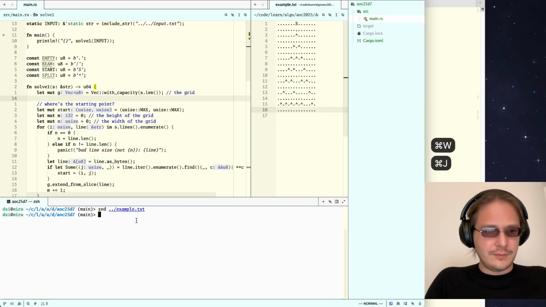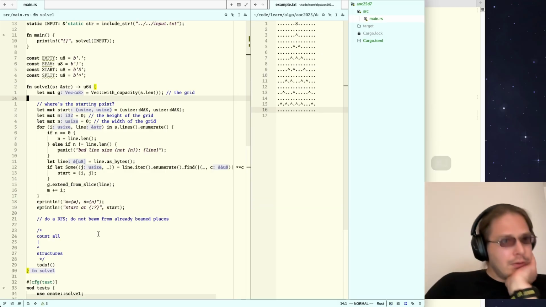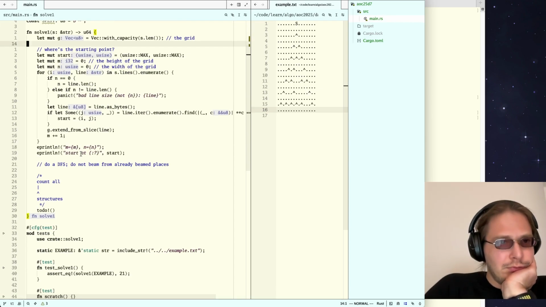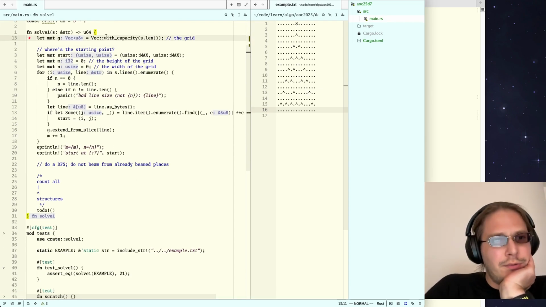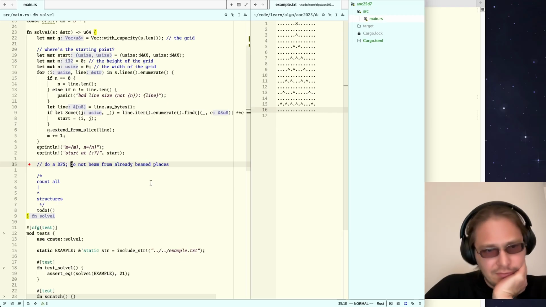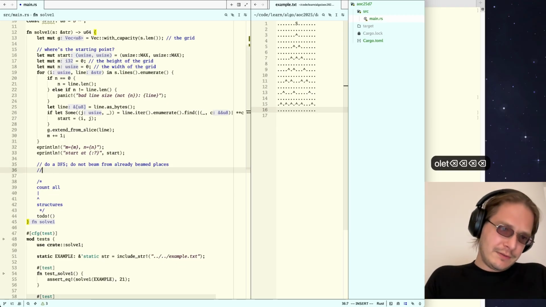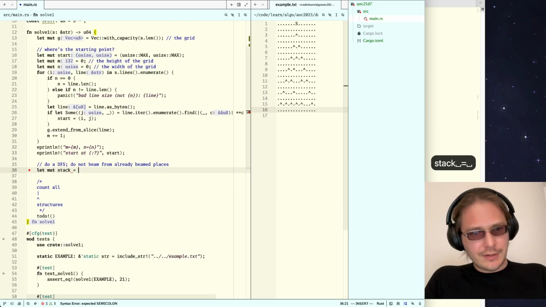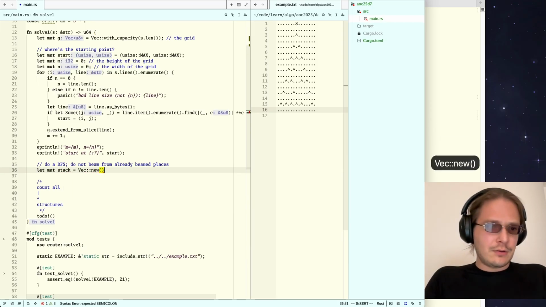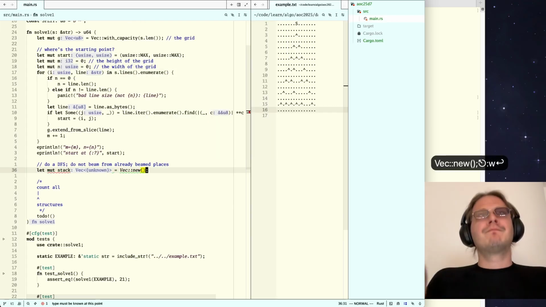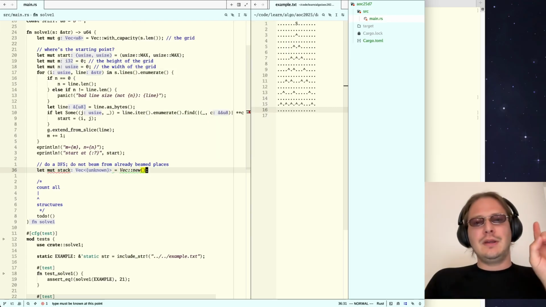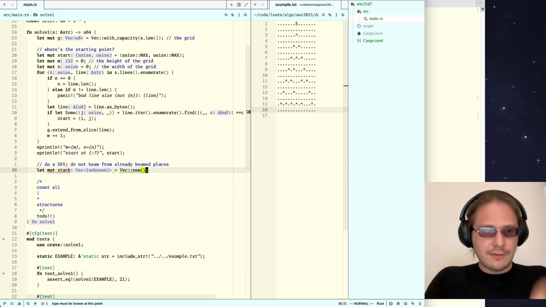Let's do the next part. Now, we do have our grid populated, we know the starting point, and now we have to do a DFS. And DFS means that we have to keep track, that we have to do a stack that keeps track of new beams that we delayed, that we have to beam later, but we haven't beamed yet.